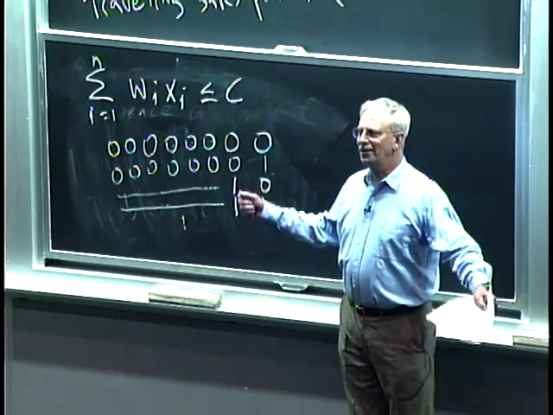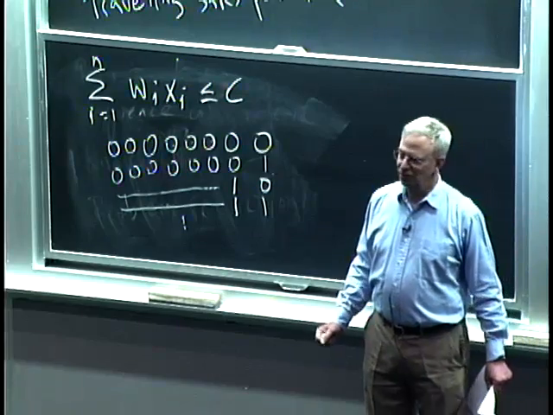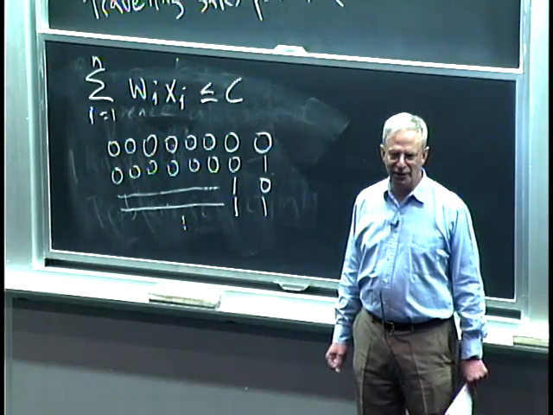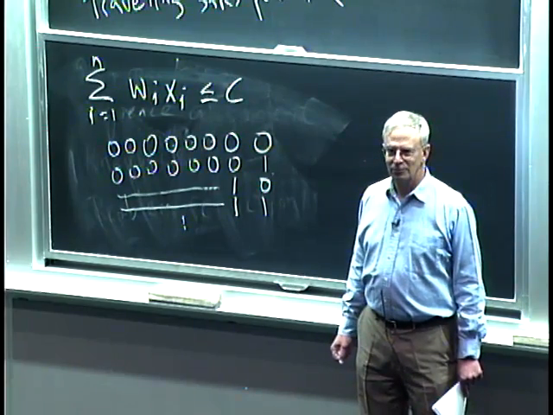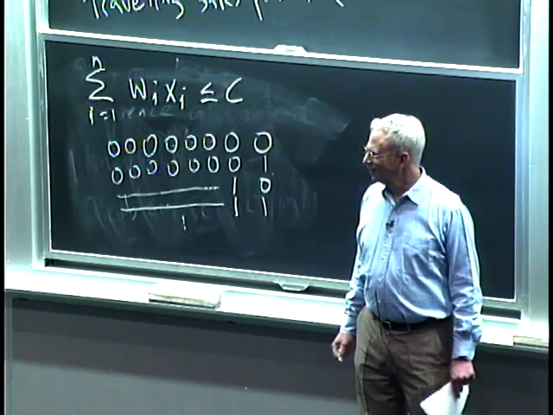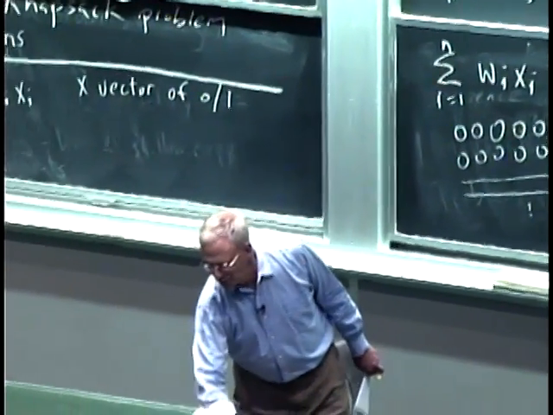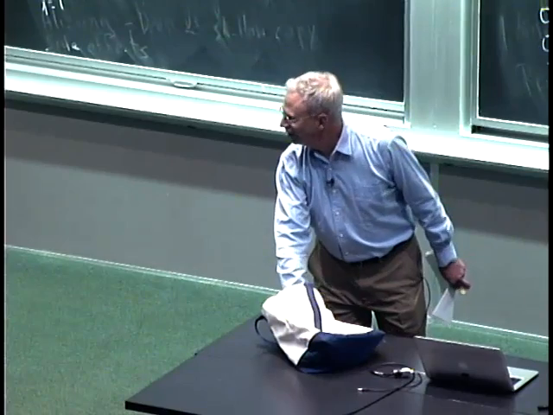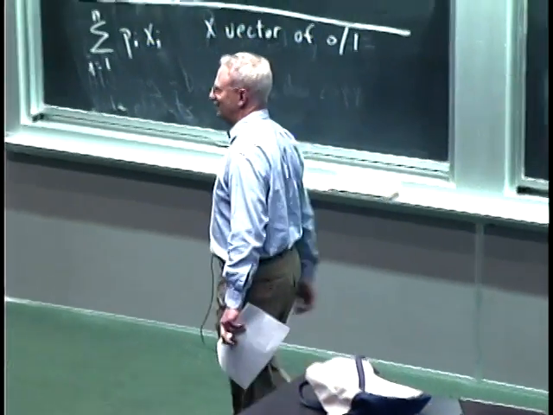Well, suppose we had decimal numbers. And I said, I'm giving you 3 decimal digits. What's the biggest number you can represent with 3 decimal digits? Pardon? Right. Which is roughly what? 10 to the? Right.